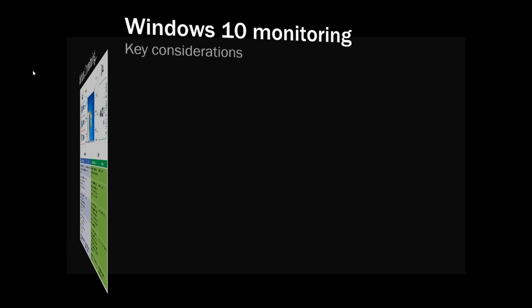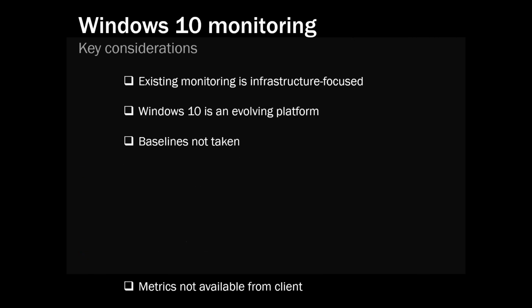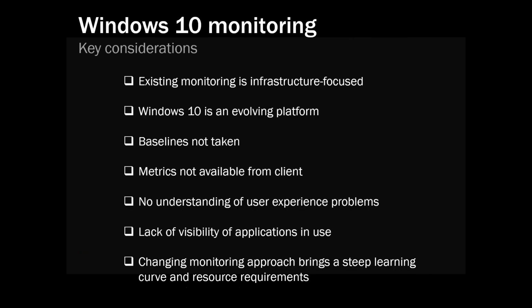So when it comes to Windows 10 monitoring, just a quick rundown of what we're going to do. Windows 10 is a kind of an evolving platform, and I think we were talking about this earlier, Kev. It's almost like an agile sort of mode of deployment, really. Windows XP to Windows 7 was almost like a waterfall method of doing things, in that it was very linear in how it evolved.